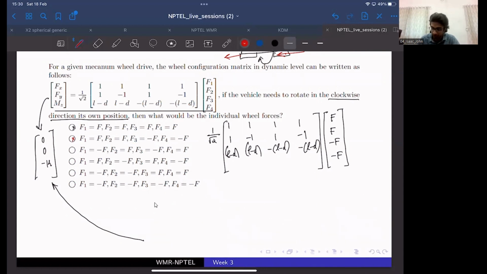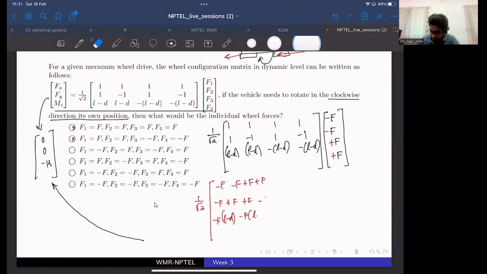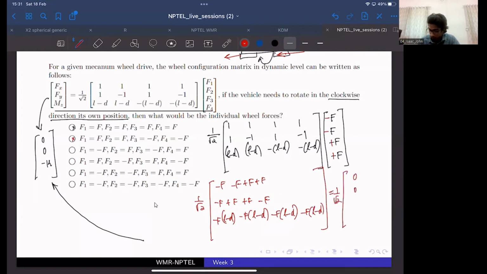If I am inverting the forces, the first 2 forces would be negative F and the third and fourth would be positive F. Multiplying this out, we would end up with minus F plus F plus F, and the second row would be minus F plus F minus F. The third row would be minus F times L minus D minus F times L minus D. So on simplifying, this would yield 1 by root 2 times 0, 0, minus 4F times L minus D.